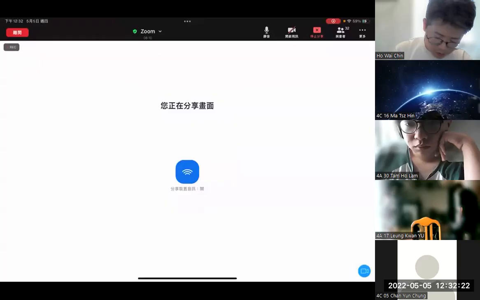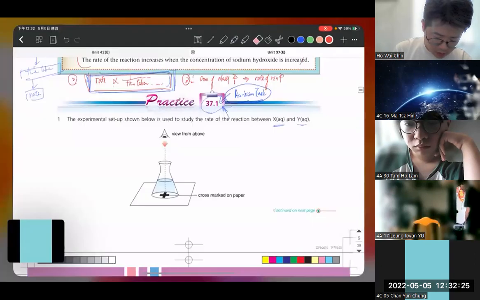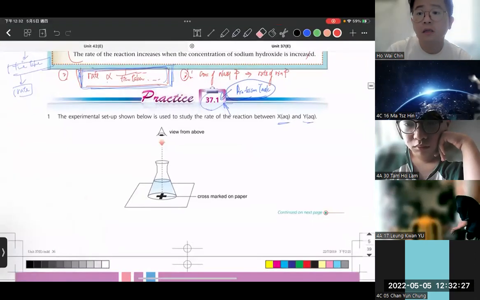The questions are on comparing the different rates data. Do you see that? Okay.